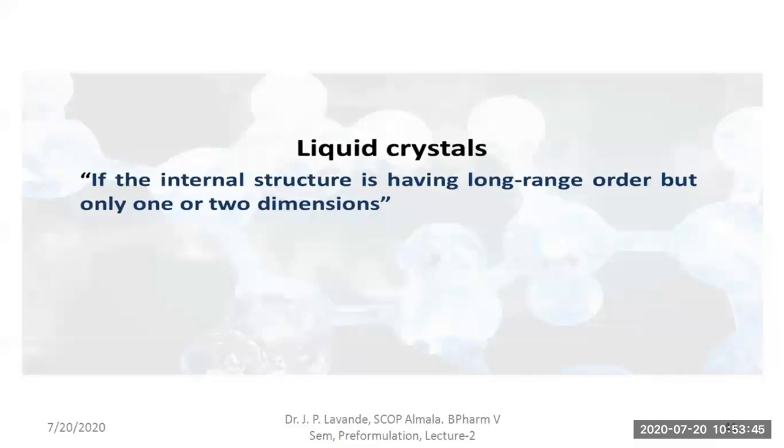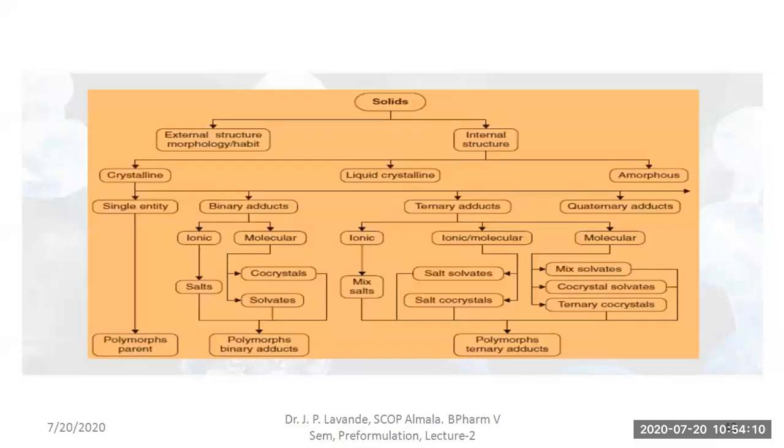That means these crystals, based on their internal structure, have only two dimensions, like length and width. They have longer order than the amorphous form, but shorter than the purely crystalline form. So this is the intermediate state.